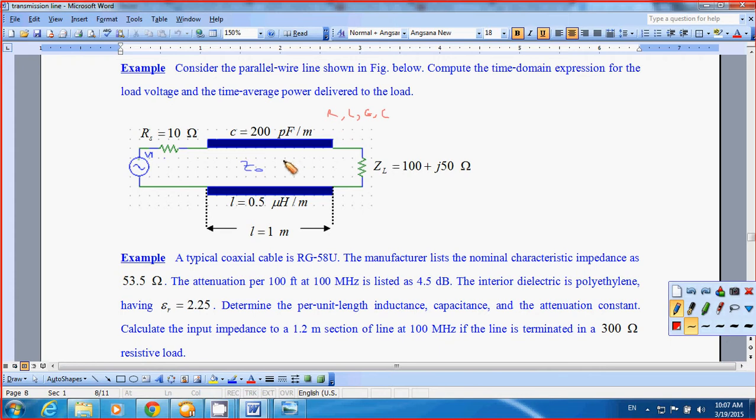Let's say we have Z0 to be 50 ohms here. The first step is that if you want to calculate the reflection coefficient at the load end, or tau L, you can calculate it from ZL minus Z0, over ZL plus Z0.